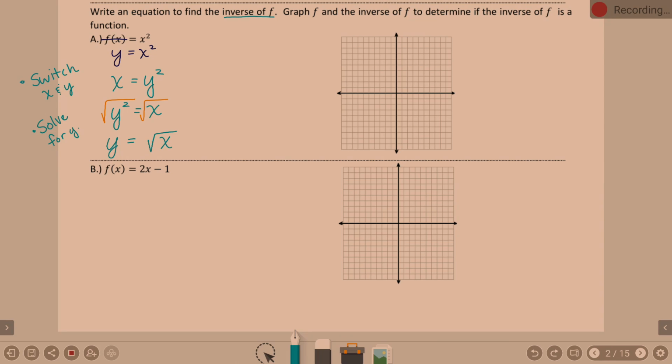Okay, so this is going to actually be y equals plus or minus the square root of x. And this is our inverse. Okay, so that is your inverse right there.